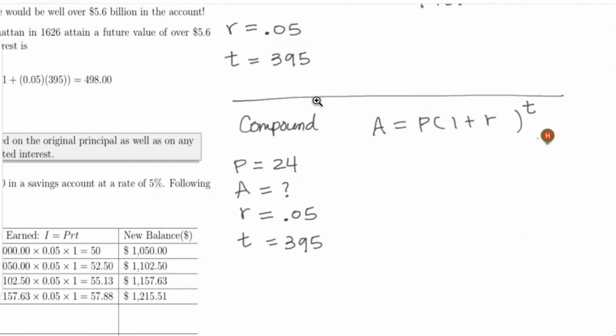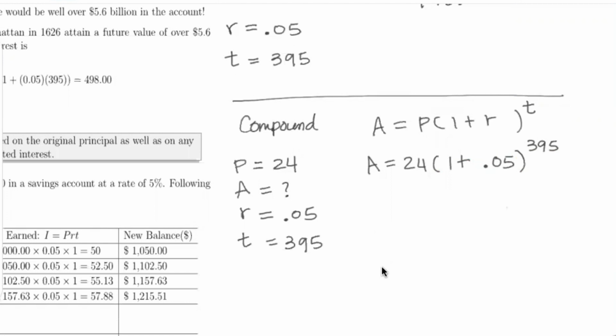So let's do it. A is 24 times (1 plus 0.05) to the power 395. Every calculator is different, but you have to put in the exponent.